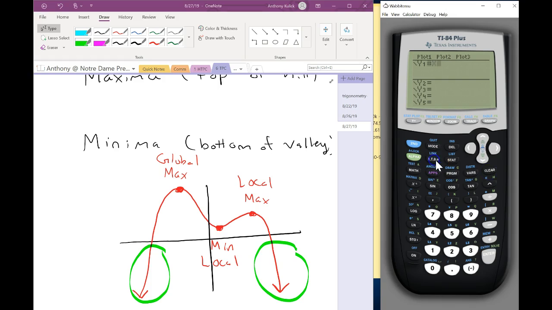I'm going to graph the function x to the fourth plus 2x to the third minus 4x squared minus 3x plus 1. I'll just graph that on the standard window.